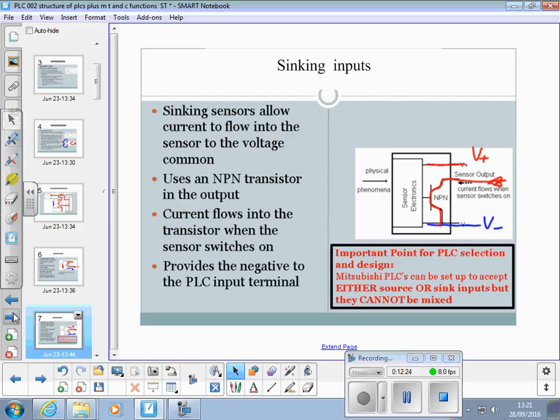I've only ever worked on one manufacturer's machines where they went sinking inputs. I have no real idea what the advantage of one way or the other might be. I don't really see where one might be an advantage over the other. Okay, but out in the world there somewhere, there might be.